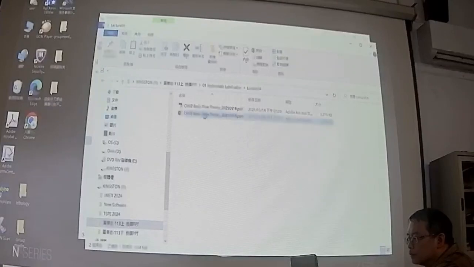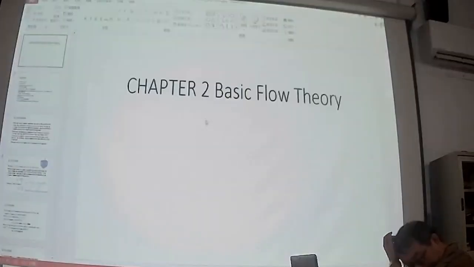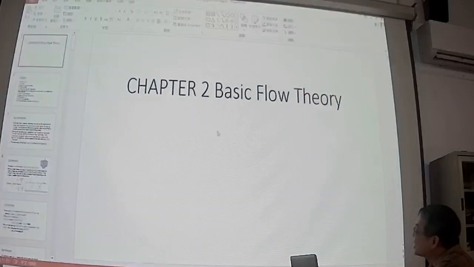So now we look at the second chapter, the basic flow theory.